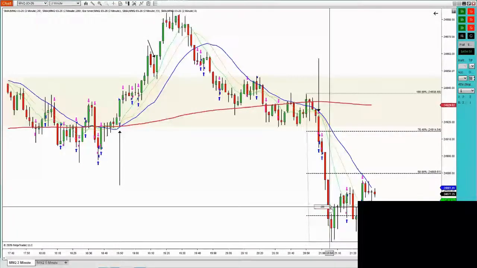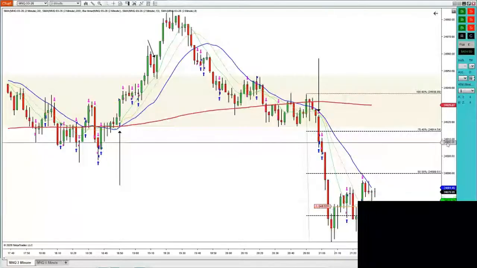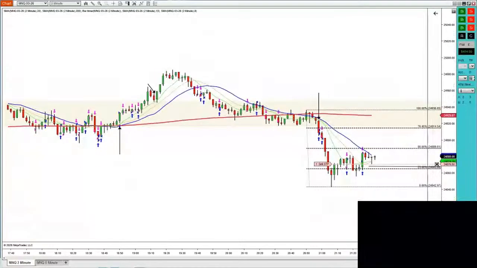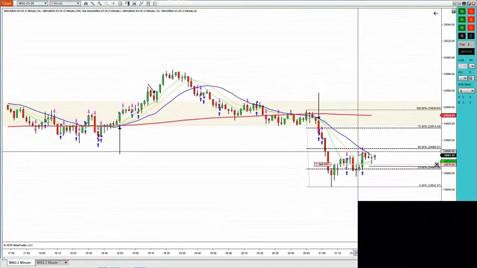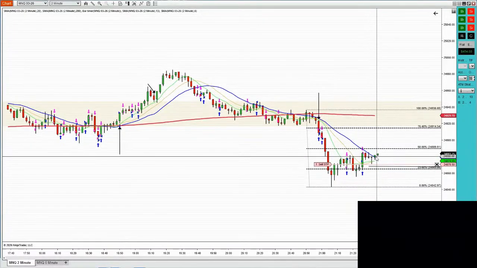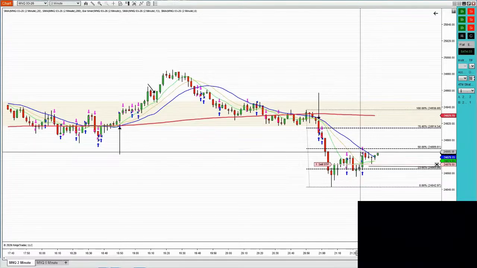Yeah, that's the funniest green candle. But at some stage with this candle here, this has to show some follow through.